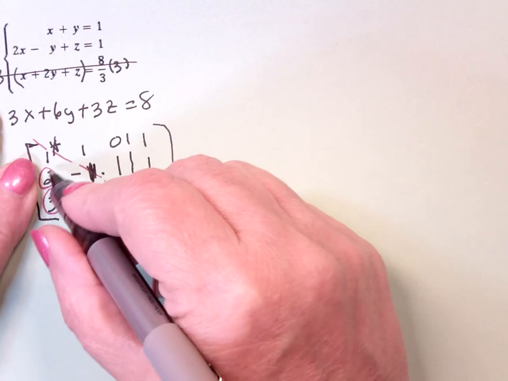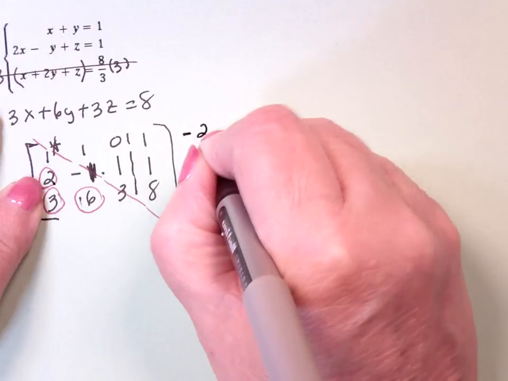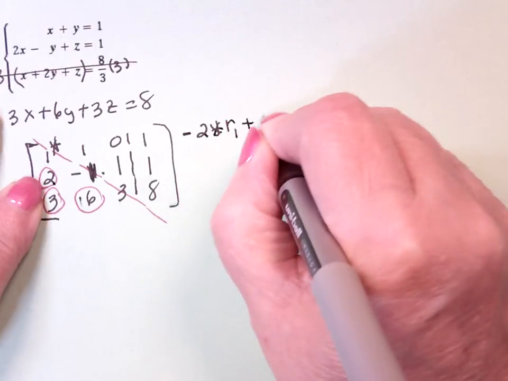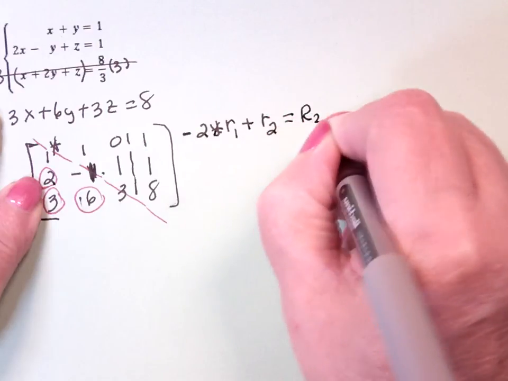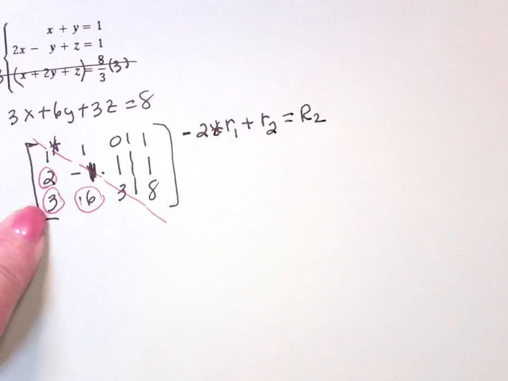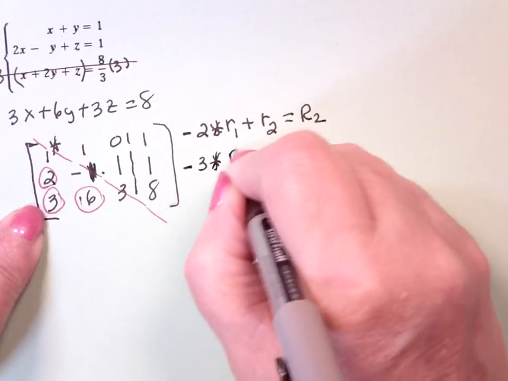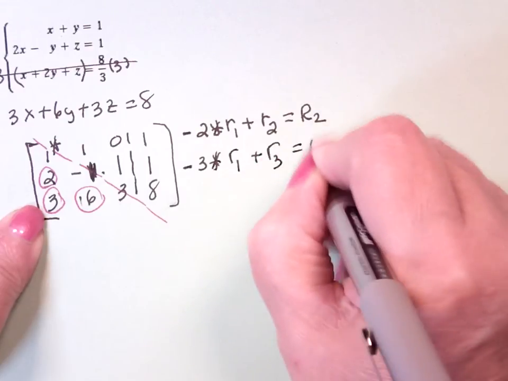So that says in order to get rid of that 2, I'm first going to need to take negative 2, multiply it times row 1, and add it to row 2 to give me a new row 2. And I'm going to need to take negative 3, multiply it times row 1, add it to row 3 to give me a new row 3.